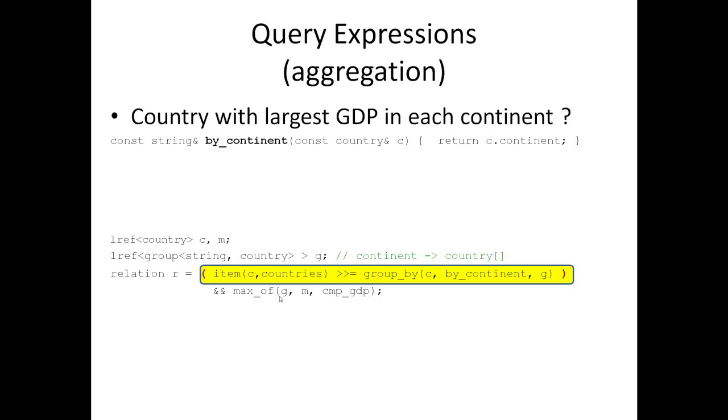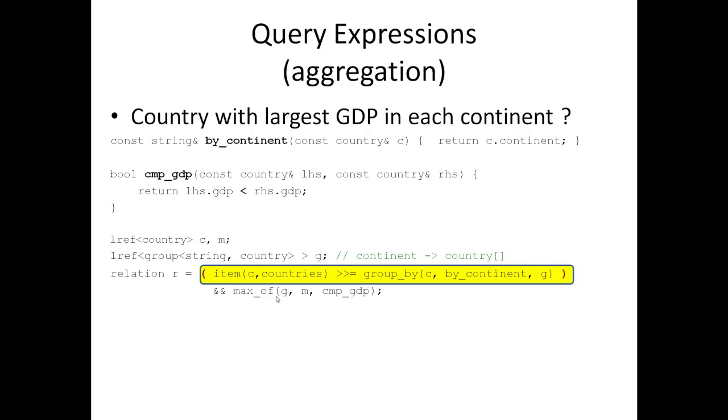And then finally we find the max value of G, which is M, using a custom comparator which compares two countries by their GDP. So G is like a container here.